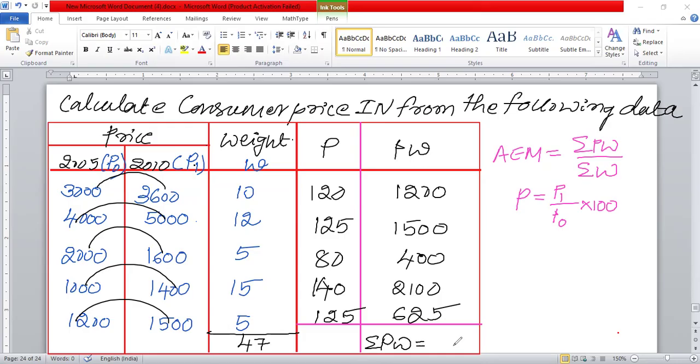So 1,200 plus 1,500 plus 400 plus 2,100 plus 625. 5825. So aggregative, not aggregative, sorry, family budget method, because weight is there, no?